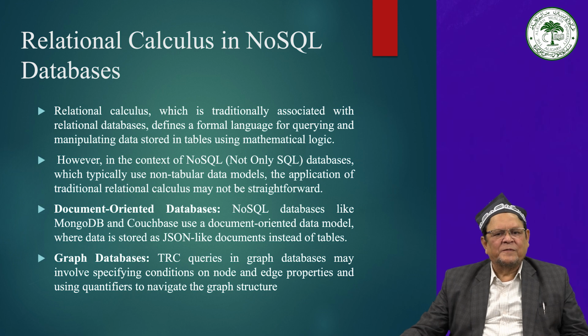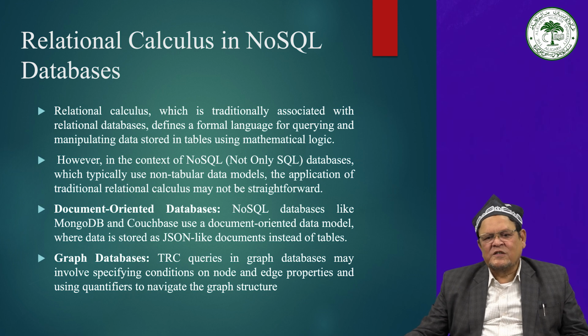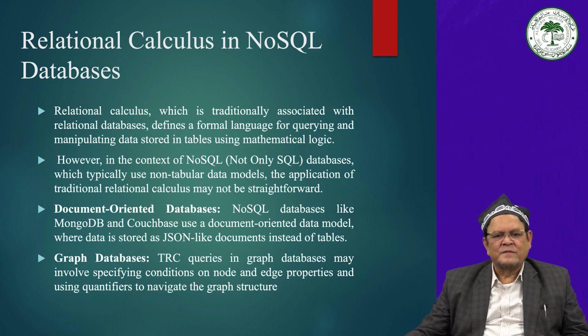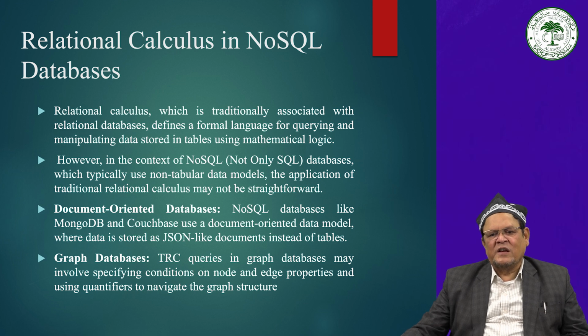Graph databases. NoSQL graph databases like Neo4j store data as nodes and edges, representing entities and relationships in a graph structure.